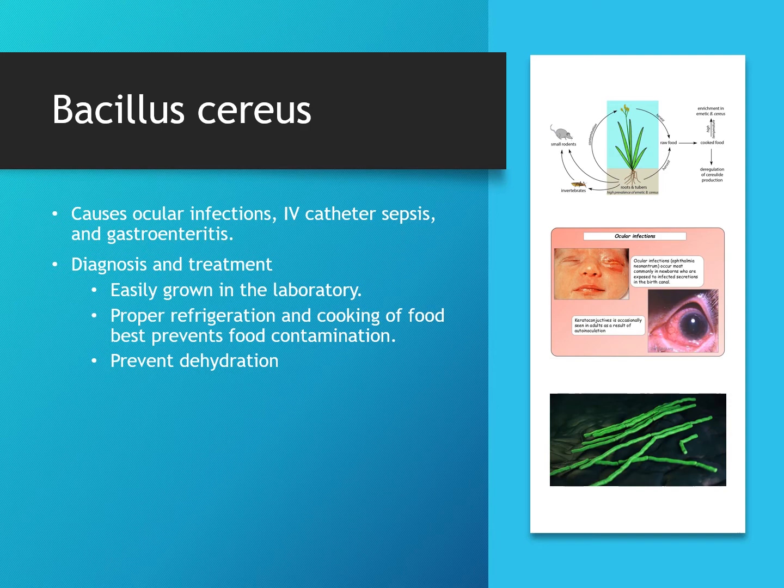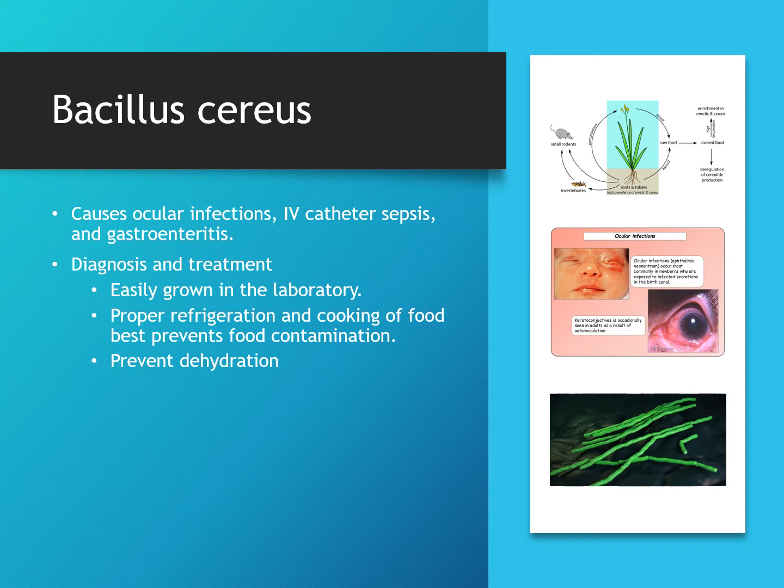Sadly, 70% of these cases reported due to Bacillus cereus results in a total loss of vision due to enucleation. That means they have to have their eye surgically removed, or evisceration, which is a rupture of the infected eye.